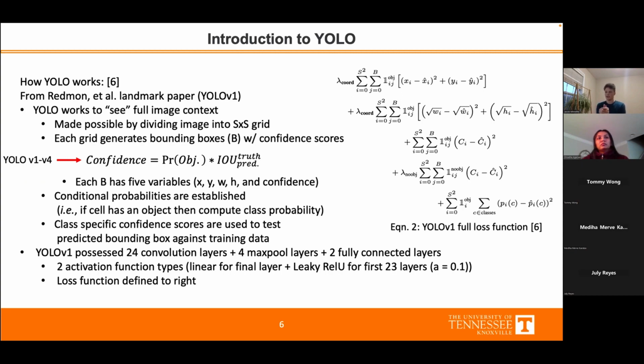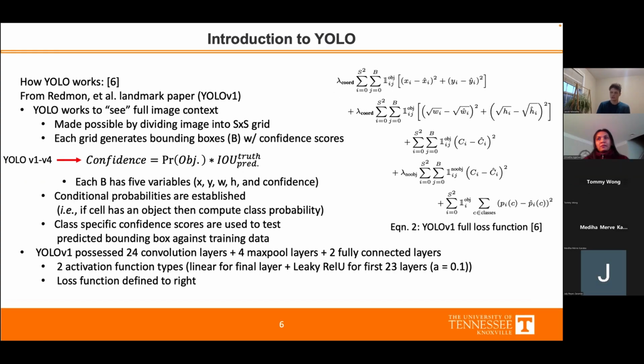And this is defined by the 5 key variables, which is your X and Y coordinates, which are relative to your actual grid cell, as well as the width and the height of the bounding box, which is normalized to the whole image size, and the confidence score, which is shown just above with the equation.